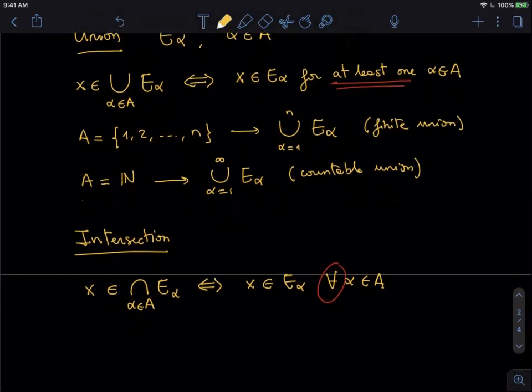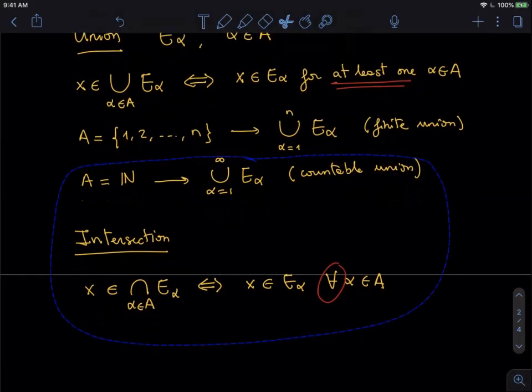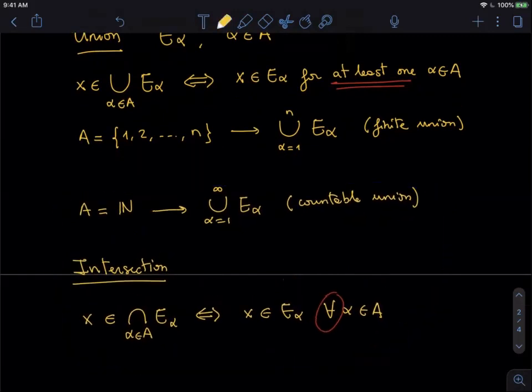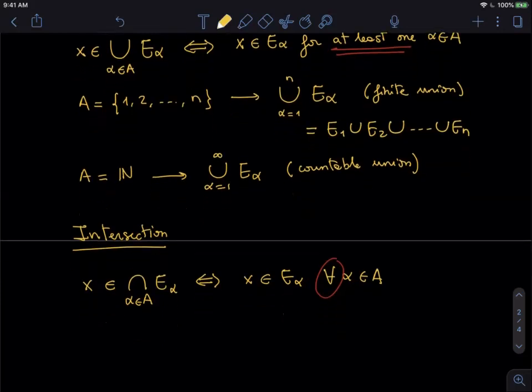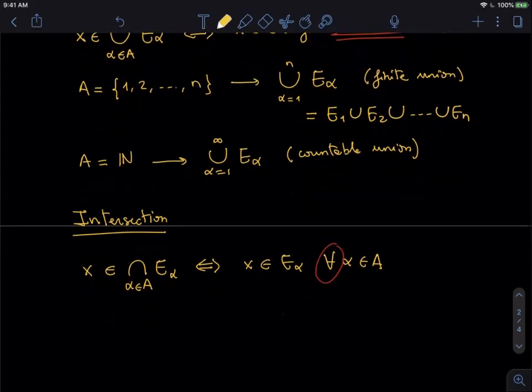I didn't say it before, but I say it now. This capital U is very similar to the notation for the sum, the sigma notation. In this case, this would mean E1 union E2 union, and so on all the way up to En. In the case of the intersection, we can write the intersection from 1 to n of the E alpha.